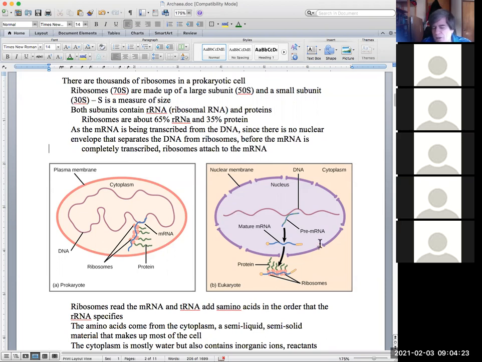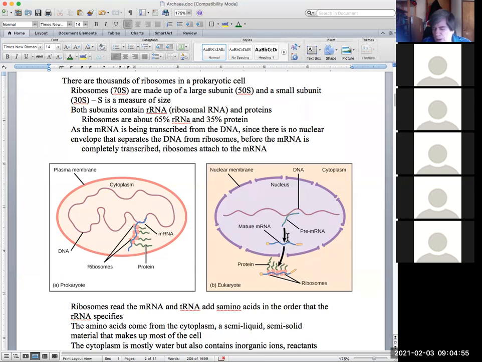So if we think about this nuclear membrane, notice that transcription, the process where we make messenger RNA, happens inside the nucleus. But the ribosomes, these little pinkish blobs down here towards the bottom, the ribosomes are out in the cytoplasm. And the ribosomes are too large to fit through those little holes, those nuclear pores. So the ribosomes are out in the cytoplasm.